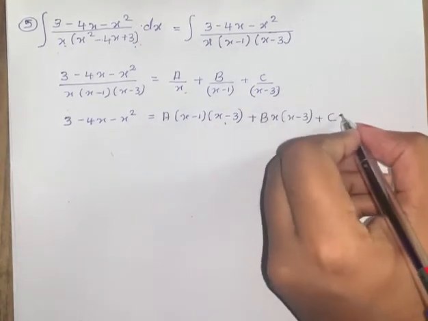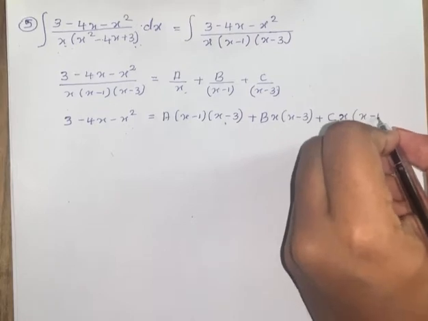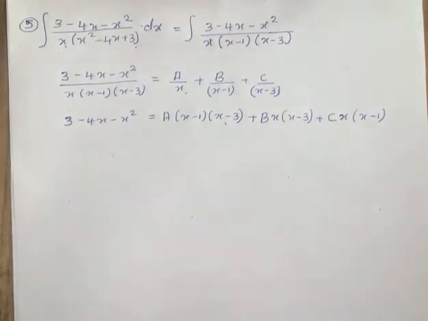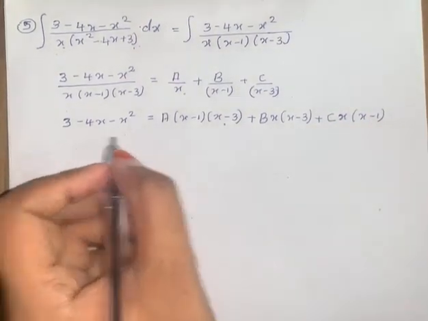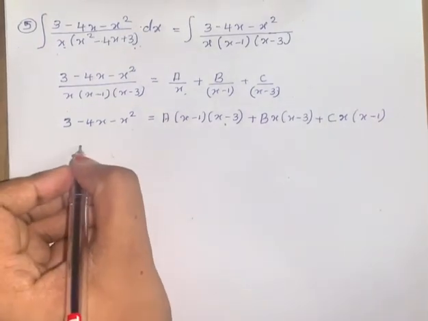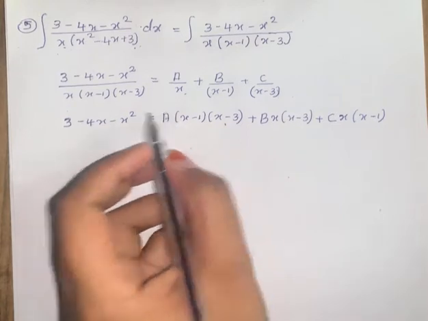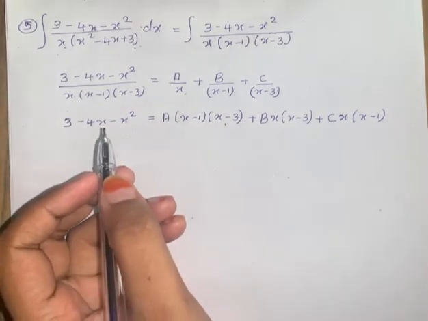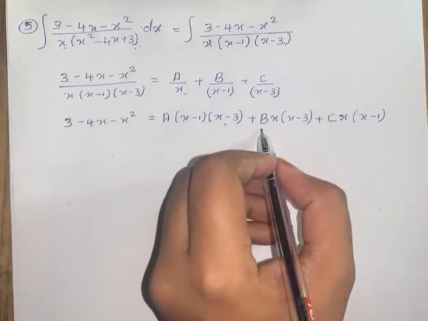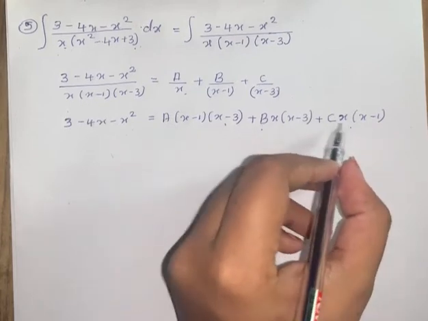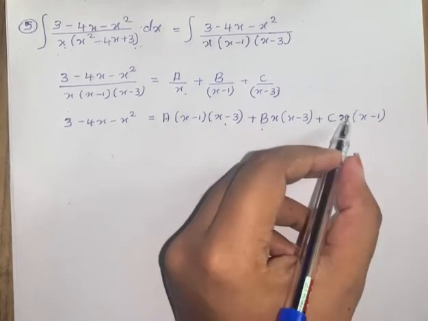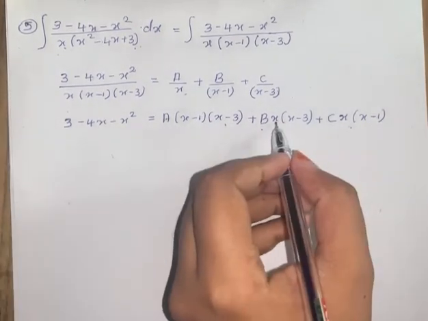Here it's easy to do it by making one component 0. When we take x as 0, we will get only the A part, and the second part and the third part will be 0. So we take x as 0 now.